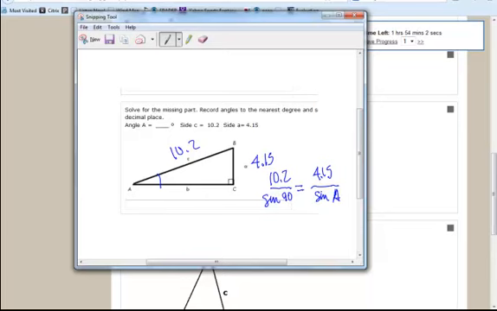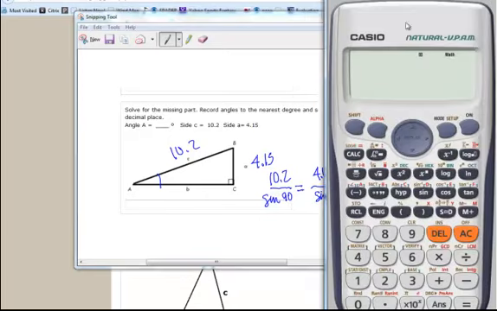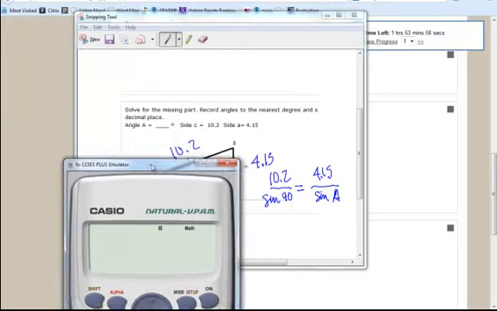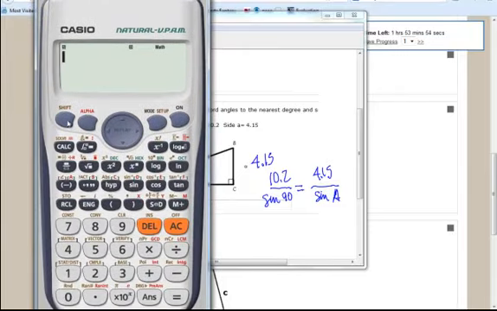So on our calculator, since we're looking for the angle, we have to press Shift Sine.